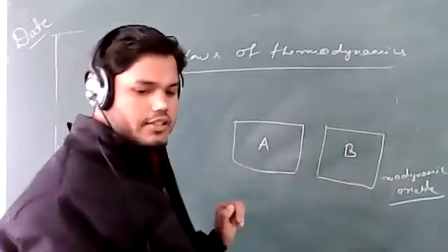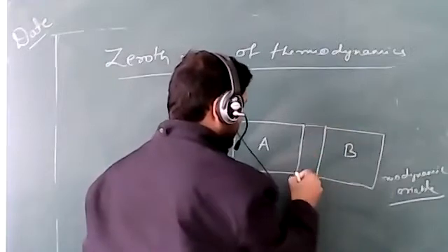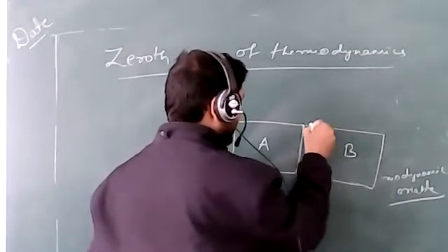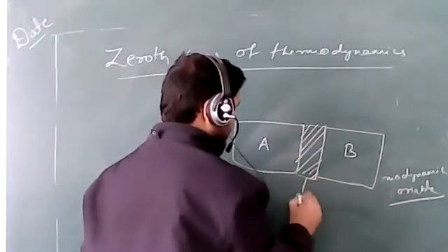In between system A and system B, there is an insulating stand. That means there is no connection between system A and system B; that is the insulating material.